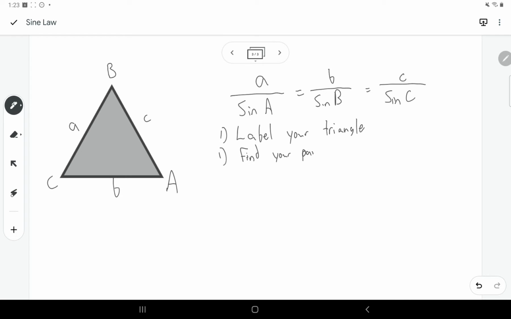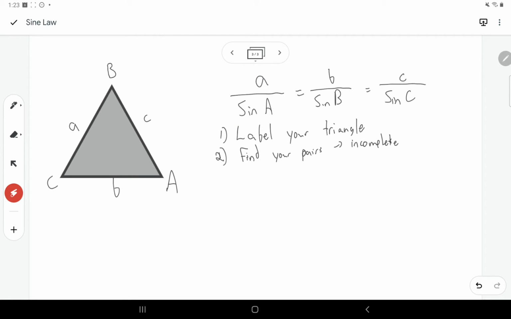Okay, there are two pairs you have to find. The first pair is your incomplete pair. Your incomplete pair is the pair that contains the side that you're solving for. So let's say a and its pair, big A. If we were solving for side a, then our incomplete pair would be a and big A, which would be this part of the formula here.